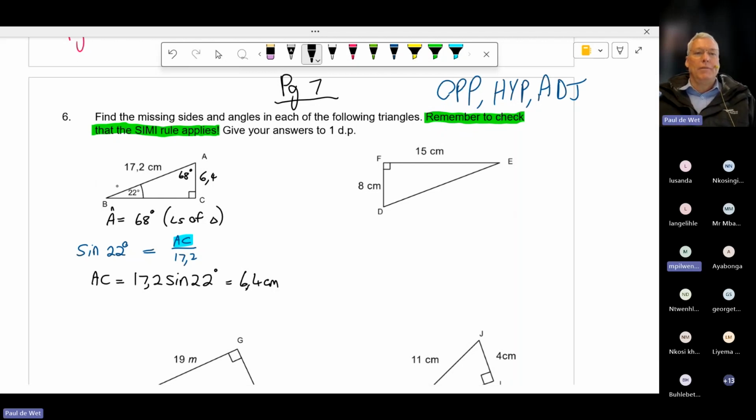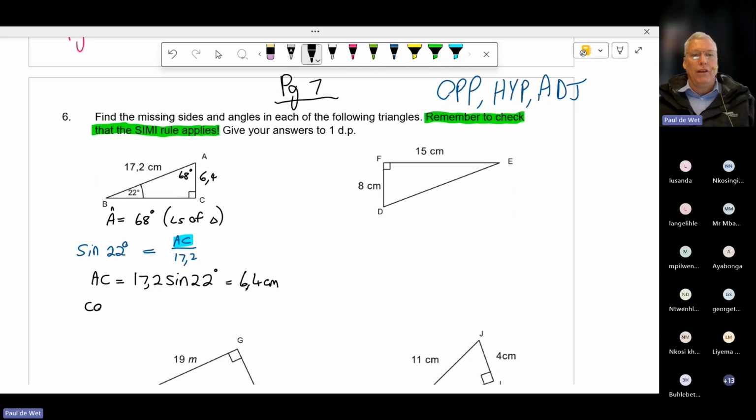Who could tell me one of two different ways that I could find BC? Well done, I could use the theorem of Pythagoras. What else could I do? I could use a different trig ratio. Which trig ratio will involve the adjacent and the hypotenuse? Well done.